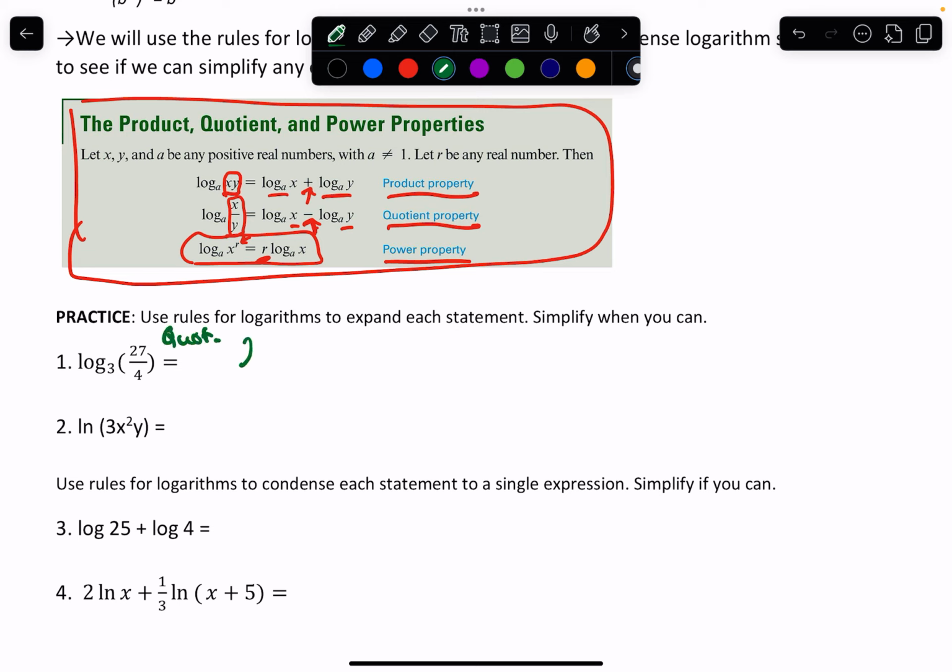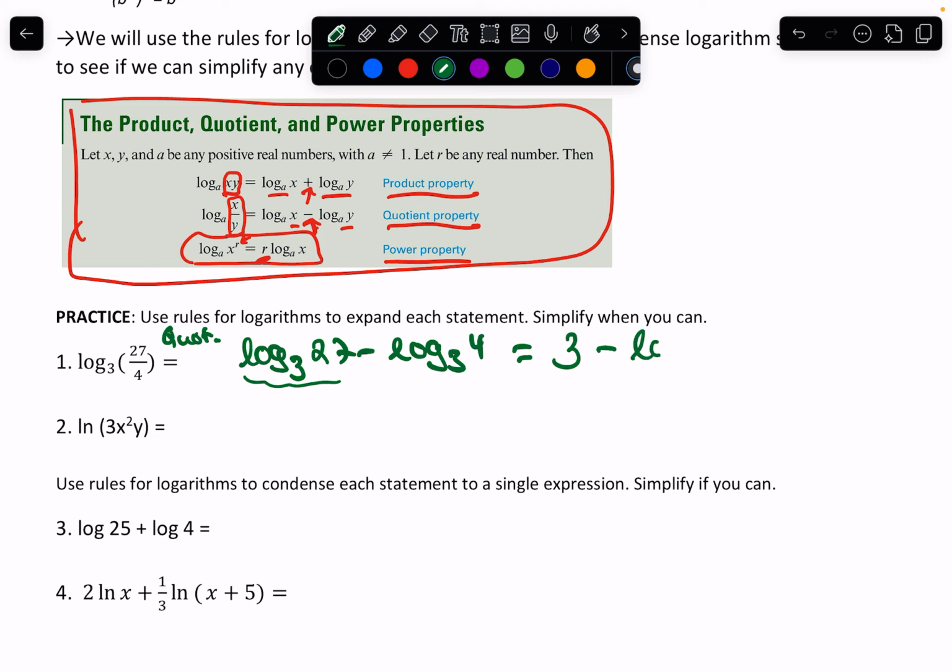So log with base 3 of 27 minus log with base 3 of 4. Now, can we simplify something here? 3 to what power is 27? Well, 3 to the power of 3 is 27, so we can simplify it to 3 minus log base 3 of 4. And that would be your simplest answer.